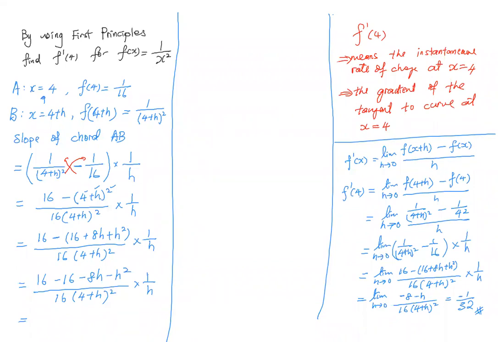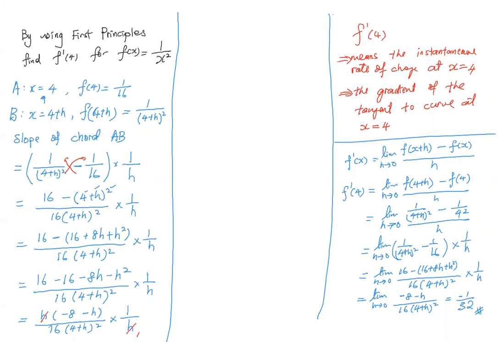So I'm left with, I can straight away factorize out the h: negative 8 minus h divided by 16 times (4 plus h) squared, times 1 over h. Everyone, can you follow? Cancel. So now I got my slope of the chord.